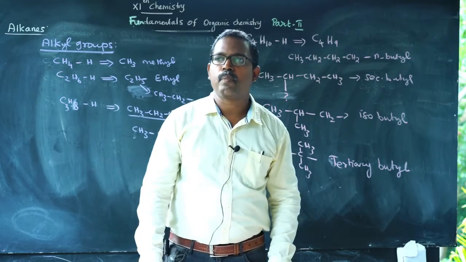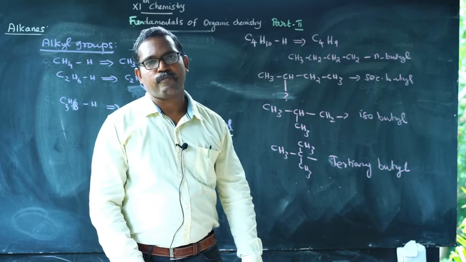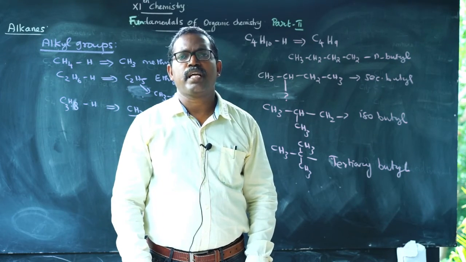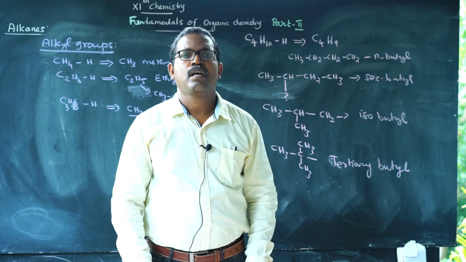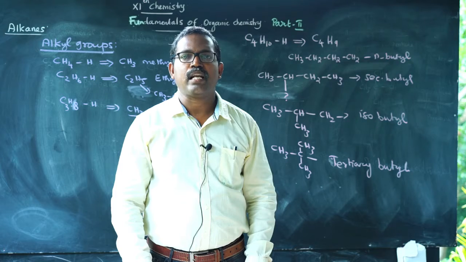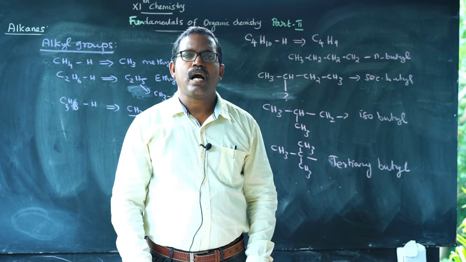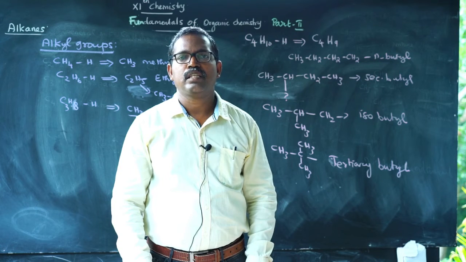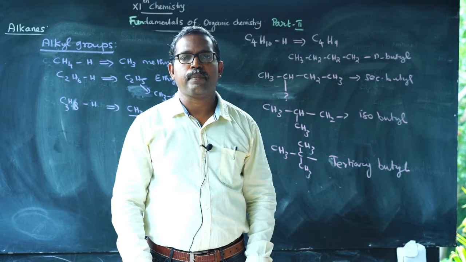Similarly, you can practice carbon number 5. For carbon number 5, the parent hydrocarbon is pentane. The first alkyl group is pentyl, then isopentyl, secondary pentyl and tertiary pentyl.